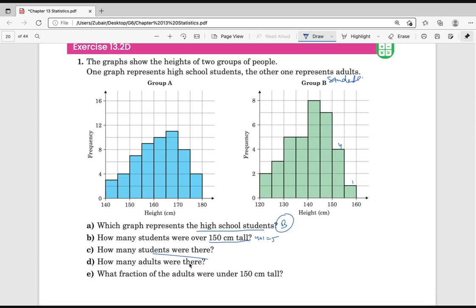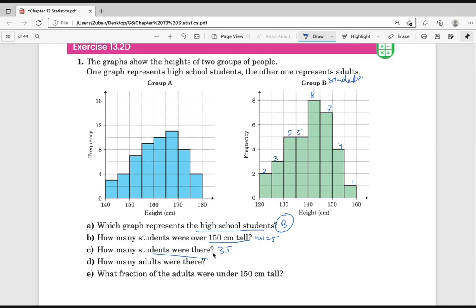How many students were there? 2, 3. So once we write these heights, it's easy to count. 35, I think so. 2, 3, 5, 5, 8, 7, 4, and 1. Yes, you're right. It is 35.